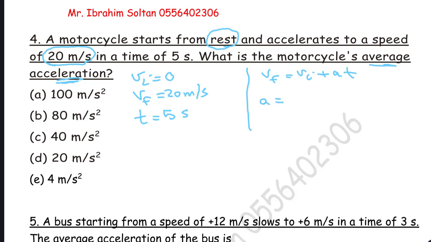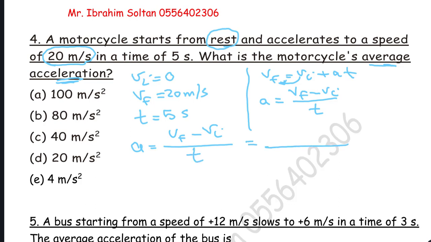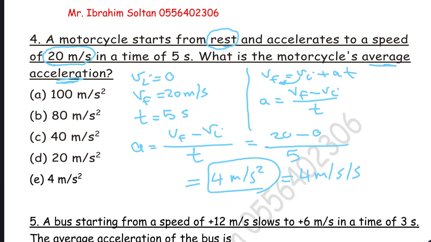So A equals, sending this to the other side, V final minus V initial over T. So it equals 20 minus 0 over the time, 5 seconds, so 4 meters per second squared. The answer is letter E.